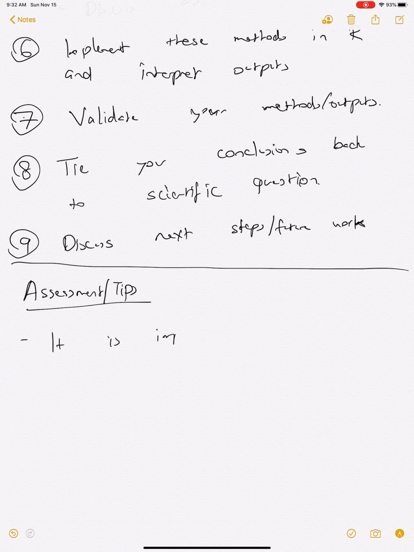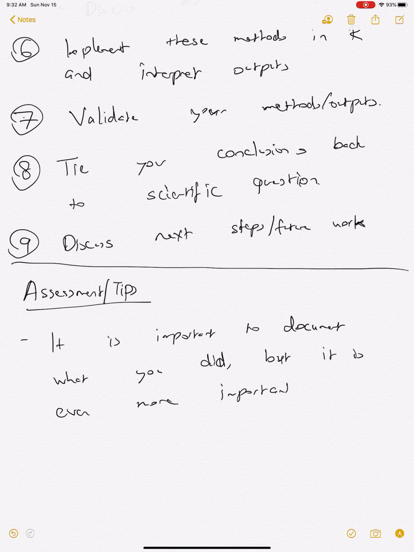But what I'll probably say that's really important is that it is important to document what you did. But it is even more important to explain why you did it.